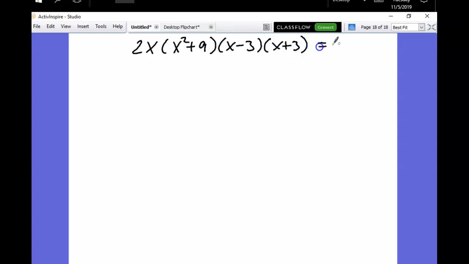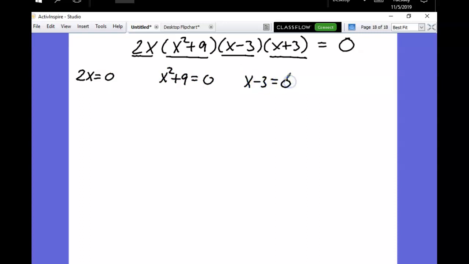Okay, so here we go. If this times this times this times this equals 0, that means that either this equals 0, or this equals 0, or this equals 0, or this equals 0. This is what's known as the zero product property.